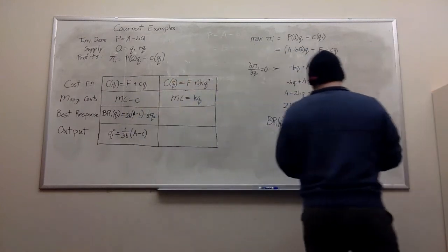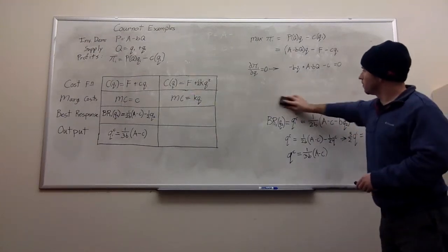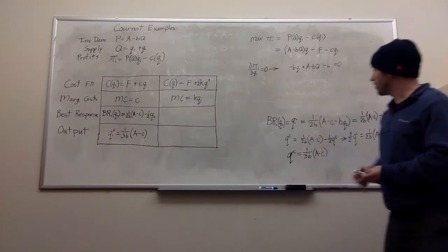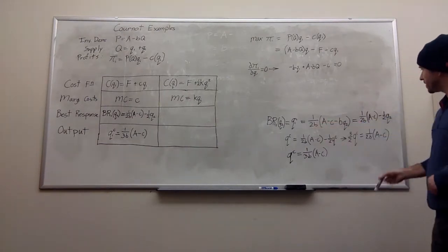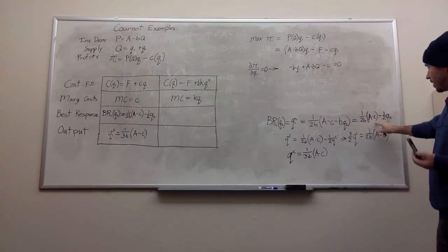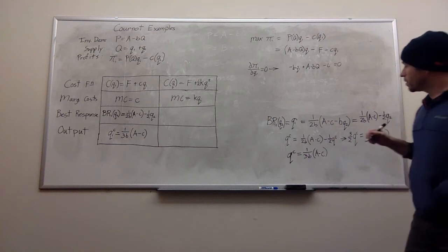Now, before we back this up and start over for the second case here, let's verify that what I did here was legit. All right, so what we have is that Q1C is equal to 1 over 2b times A minus C minus 1/2 of Q2, right?